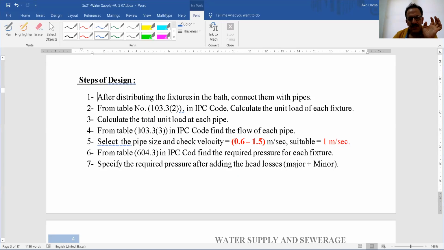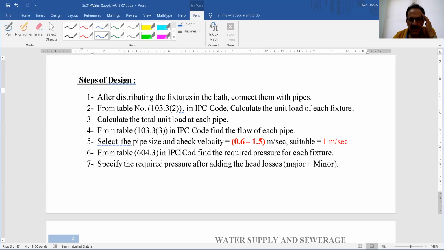Then we calculate the total fixture units for the whole connected appliances, and then we find the flow in this pipe. For the flow we have the acceptable velocity, which is 0.6 to 1.5 meters per second, and usually 1 meter per second is used.